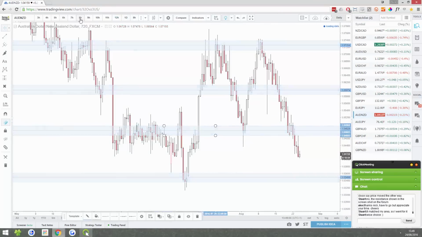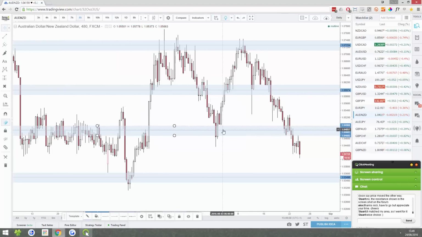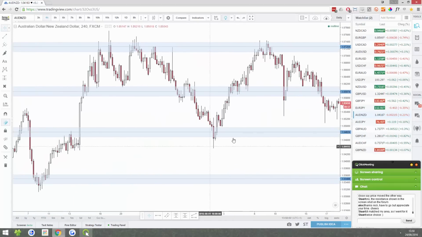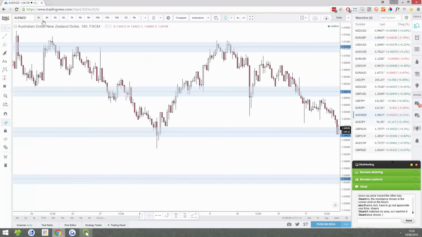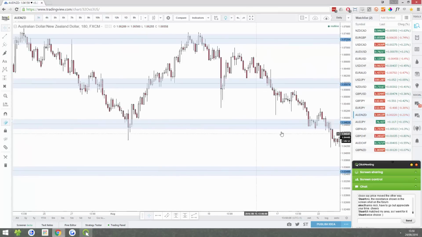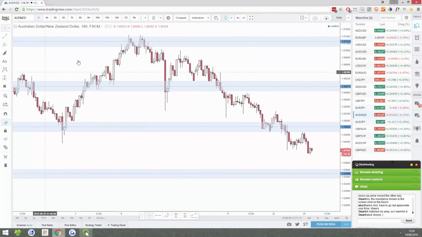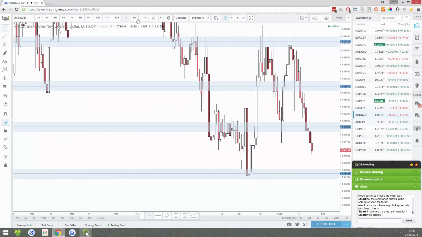On the 8-hour, it looks a bit lower, and on the 4-hour, it looks around the same as the 8-hour. But you see what I'm getting at here. It is a tricky support resistance area to place, so don't be too hard on yourself with that one.